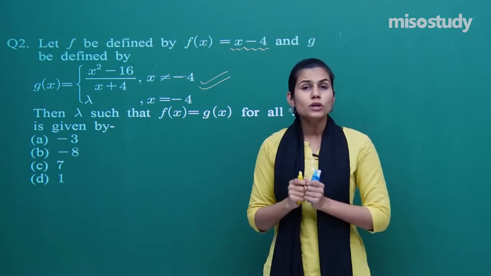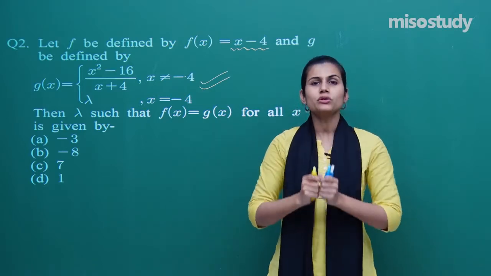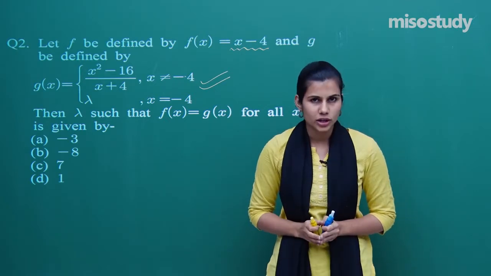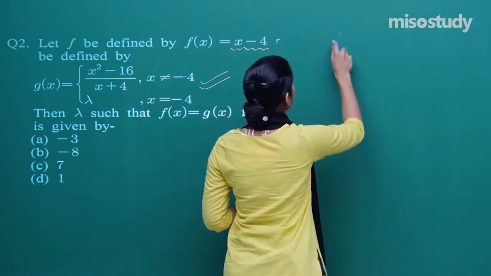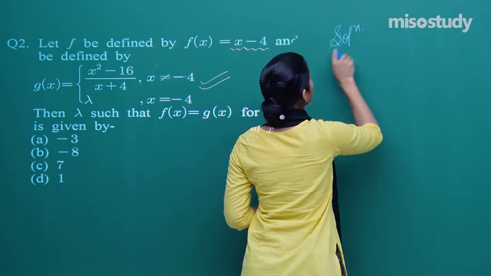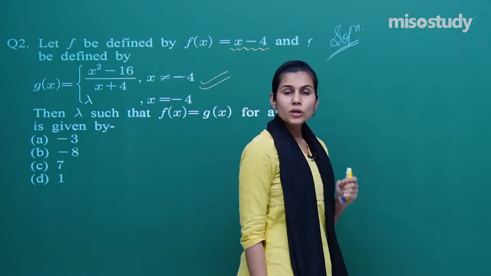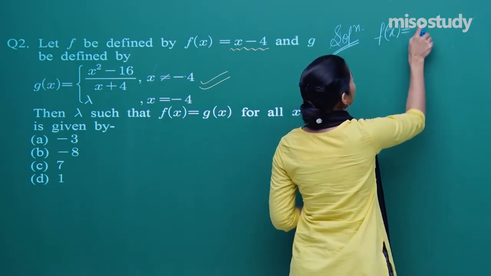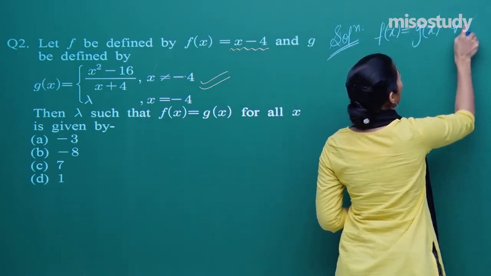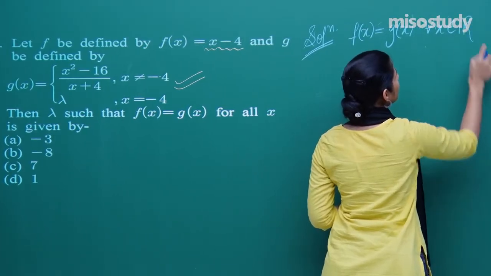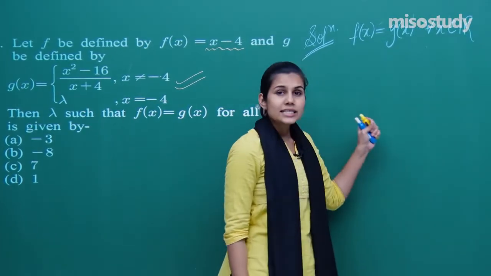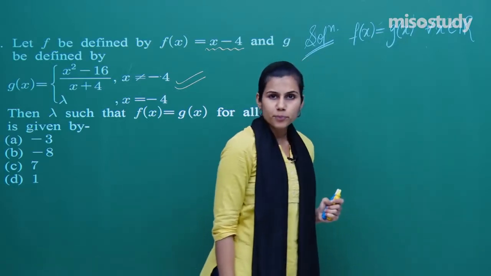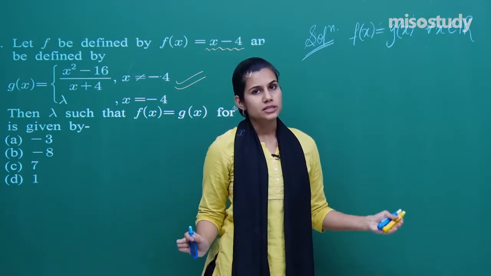So if fx is equal to gx for every x, what do you think lambda is going to be, which is going to make these two functions equal to each other? So let's start with it. fx is equal to gx is what is given to us. That is what I want basically, that fx should be equal to gx for all x in R. But this is equal provided corresponding to every x sitting here as input, the output produced by f and g is the same.